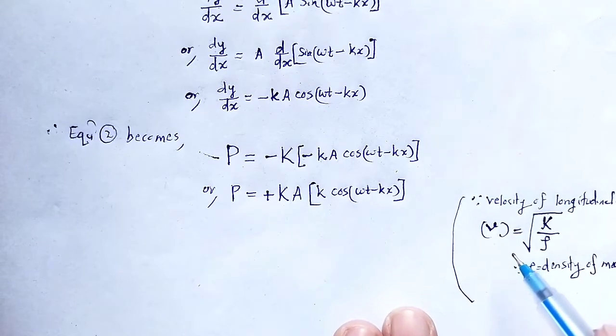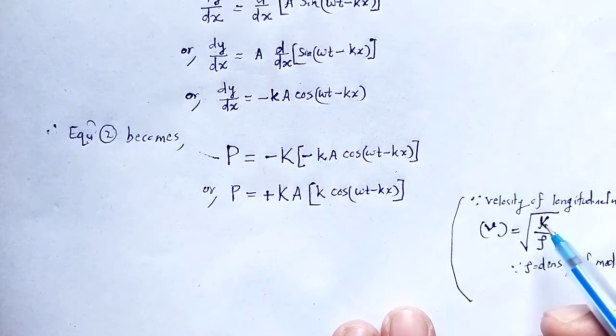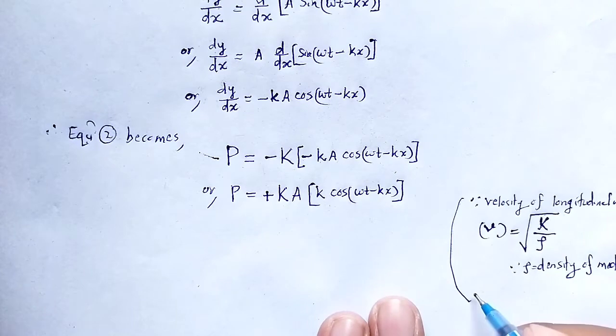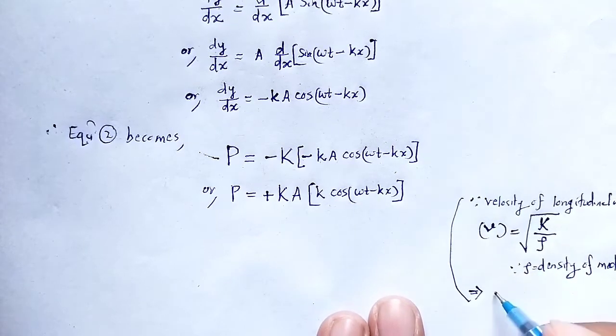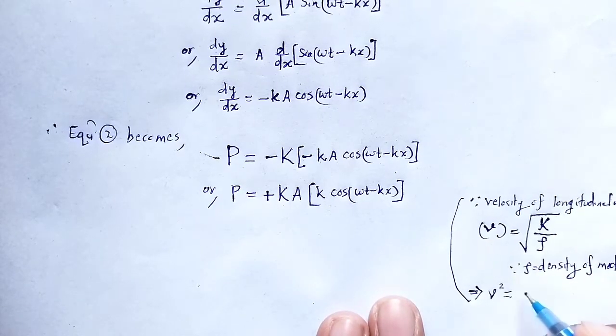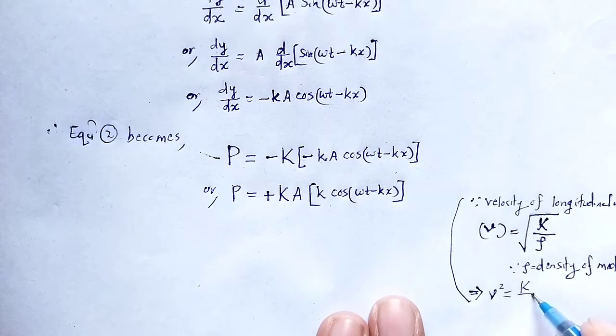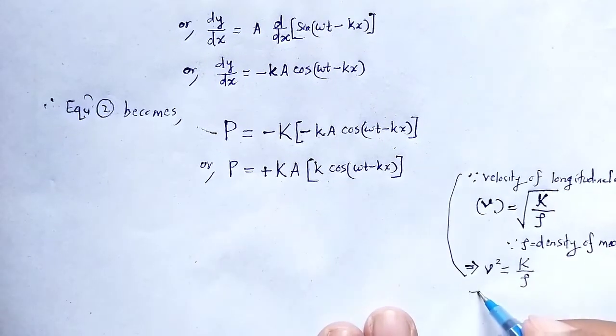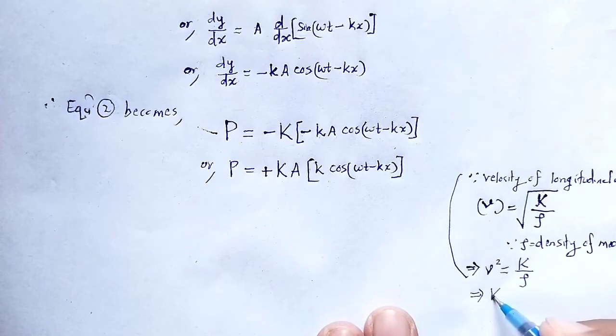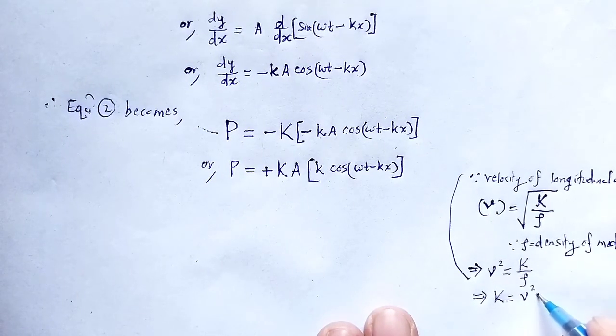From that expression, the bulk modulus can be obtained by squaring: v square is equal to K by rho, or K is equal to v square rho.